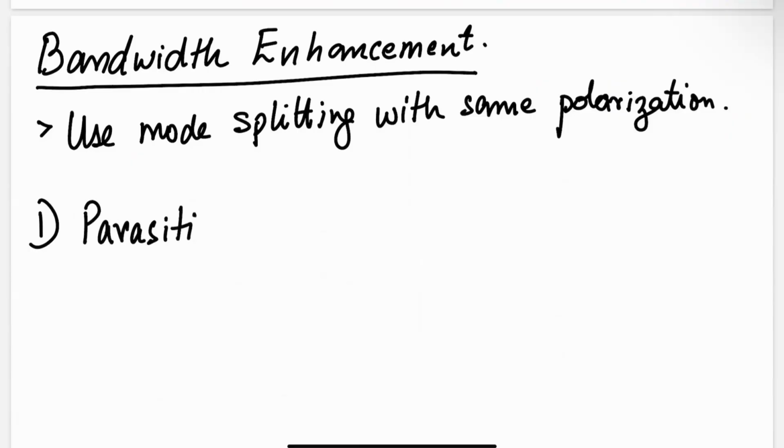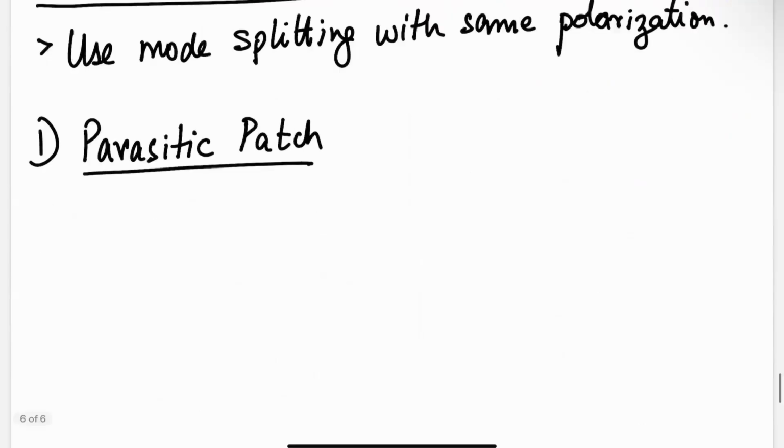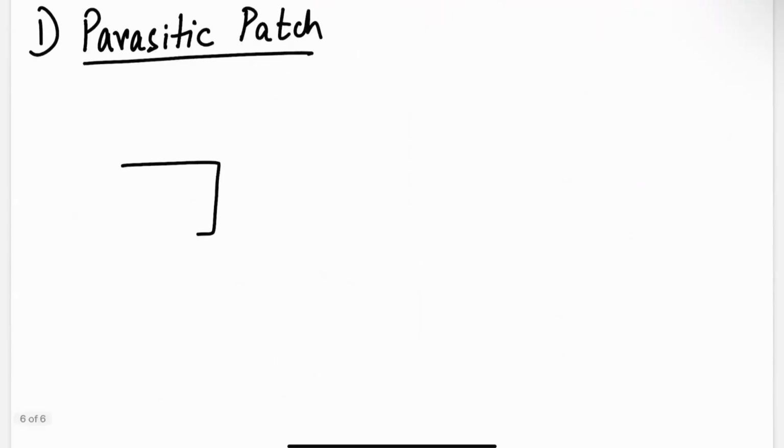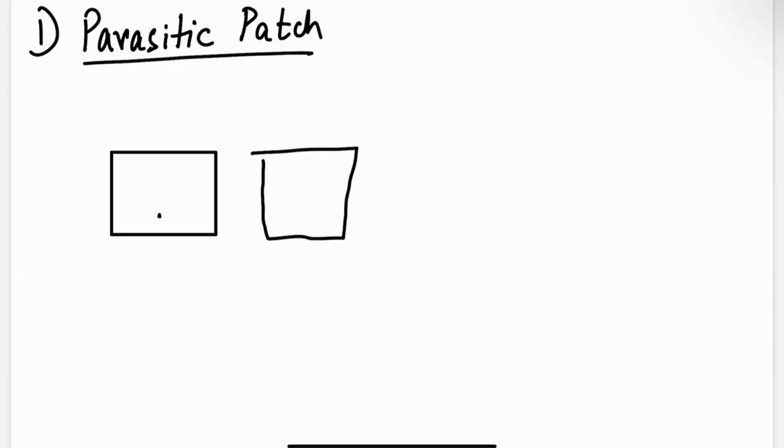One is called a parasitic patch, where you have a single patch like this that is driven, and you add another patch next to it, like that. And that's not driven.